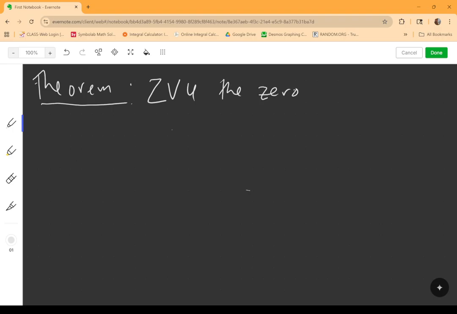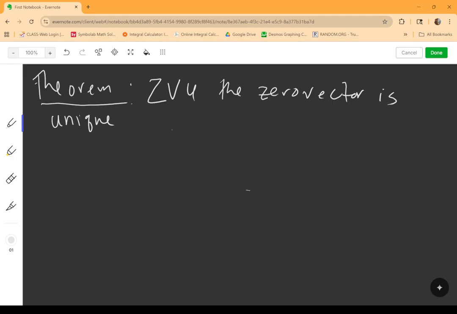The first one is a theorem we've seen previously when talking about column vectors. The theorem is ZVU, the zero vector is unique.